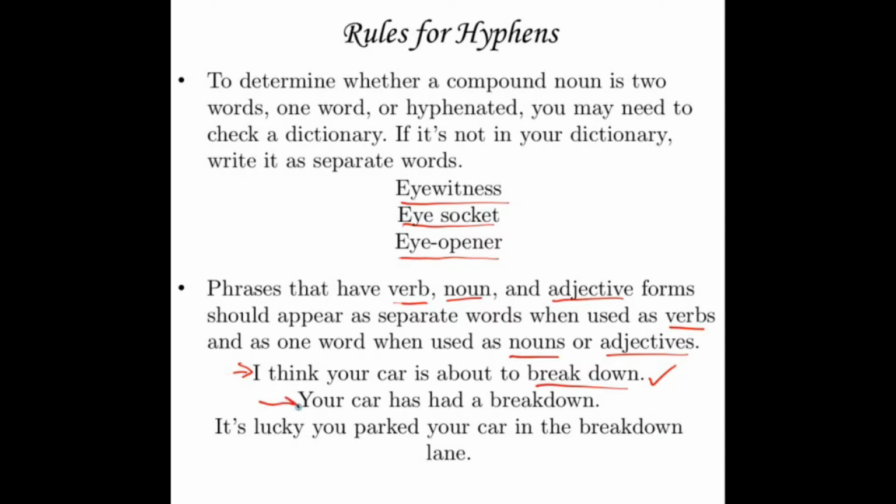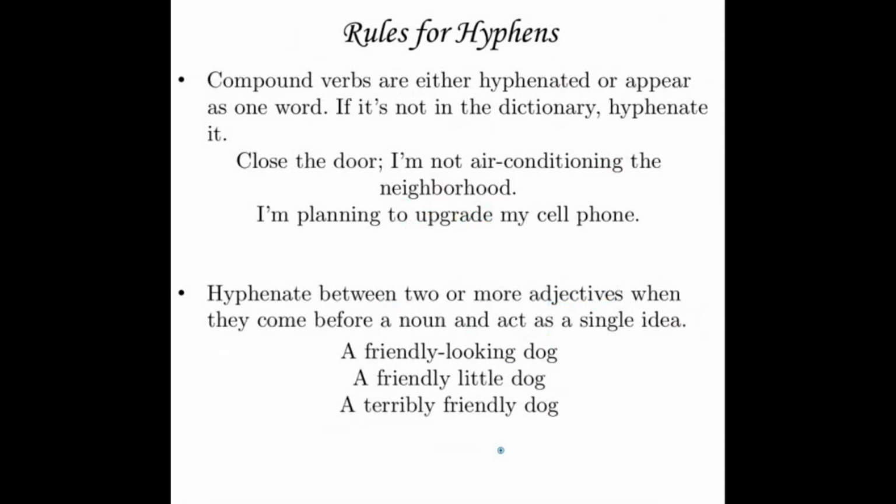However, if you're using it as a noun, your car has had a breakdown, it becomes one word, no hyphen. And if you use it as an adjective, it's lucky you parked your car in the breakdown lane. Here, breakdown is an adjective describing lane. What kind of lane is it? The breakdown lane. Well, in that case, you also write it as one word because it's being used as an adjective.